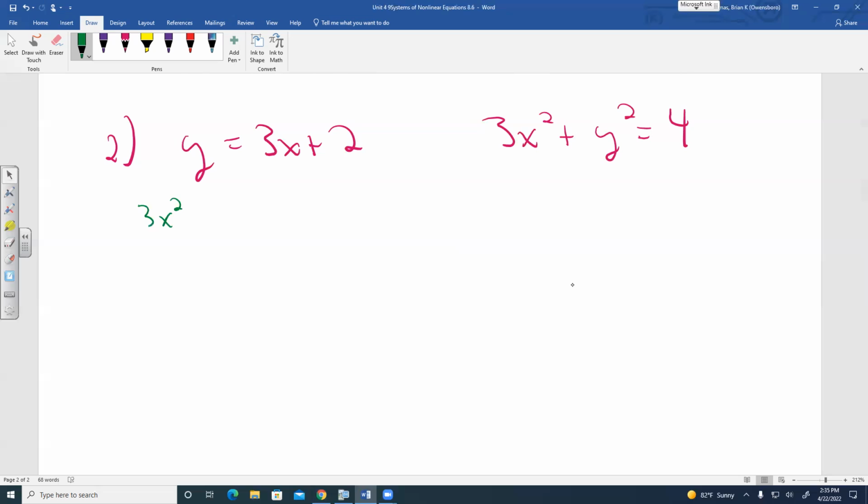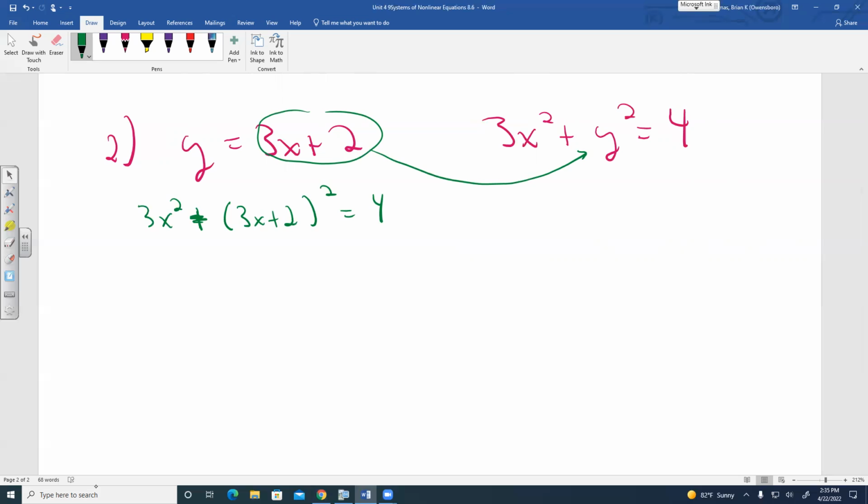3x squared plus y squared equals 4. I'm going to replace y with 3x plus 2. The 3x plus 2 is going to be substituted in for y, and that's going to give me 3x squared plus the quantity 3x plus 2 squared equals 4.